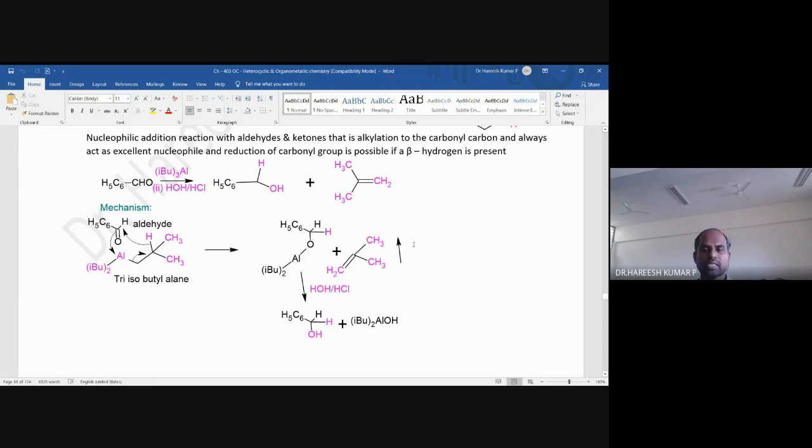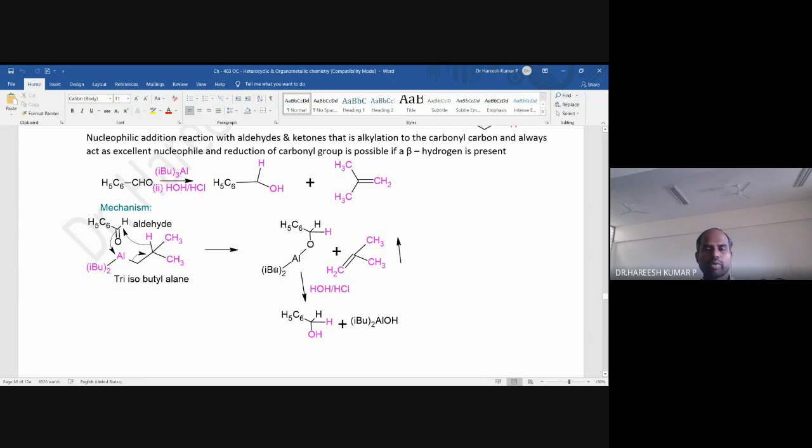That is the reason isobutene is a byproduct, and it is a gas. It will evaporate, and the cleavage of aluminum is achieved by using hydronium ion. Hydronium ion means hydrolysis, H3O plus. So this is about the nucleophilic addition reaction to the carbonyl compounds.